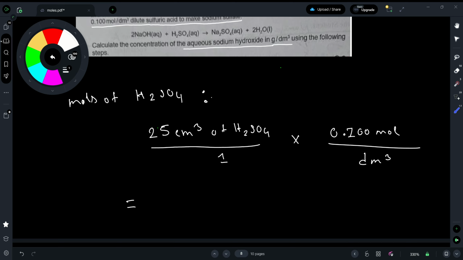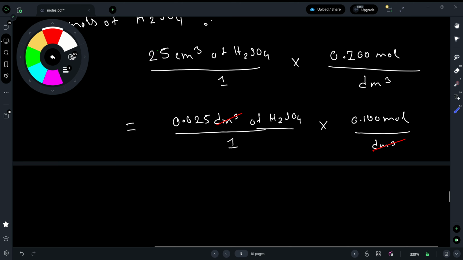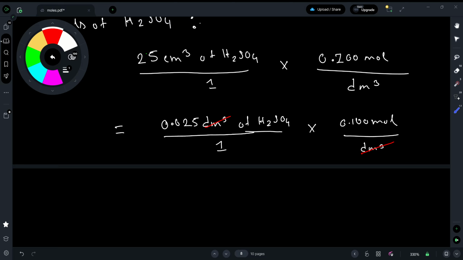So 25 cm³, if you divide 25 by 1000, you get 0.025 dm³ of H2SO4, and we'll just put by 1 so that it's a fraction, into 0.100 mole per dm³. Now you can cut dm³ and dm³, and if you multiply, you'll be left with moles.